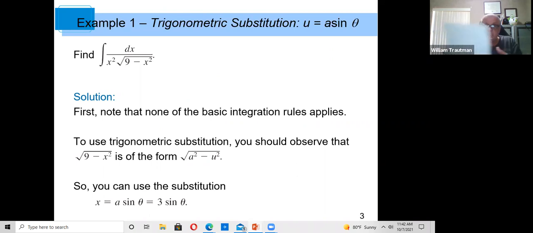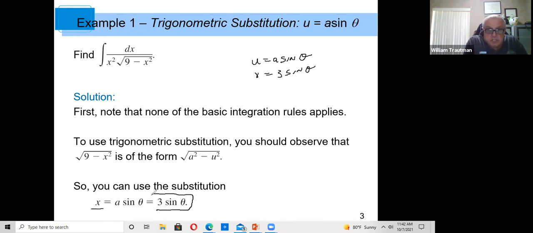If you look at the rule that we just pulled up, it shows that u equals a sine theta, and we said u equals x, so x equals a sine theta, and a was 3. So that's how they got x equals 3 sine theta.